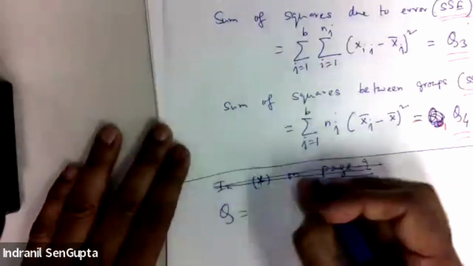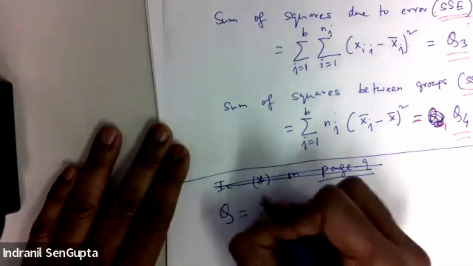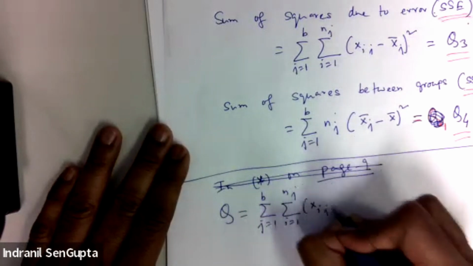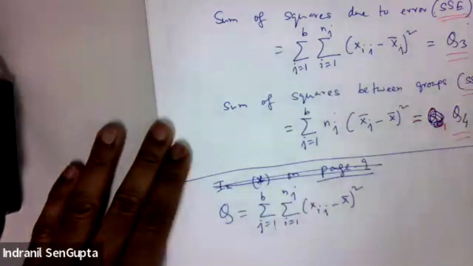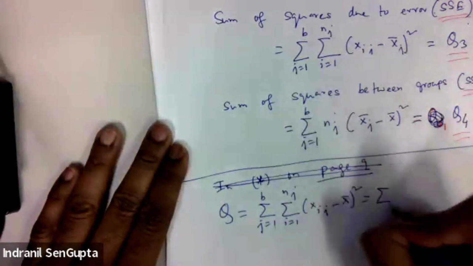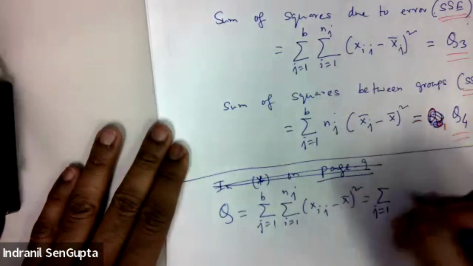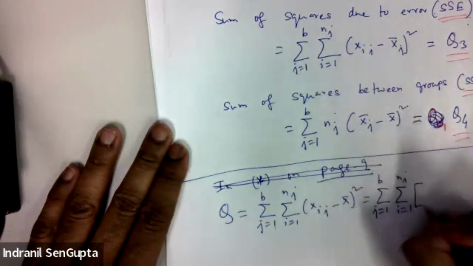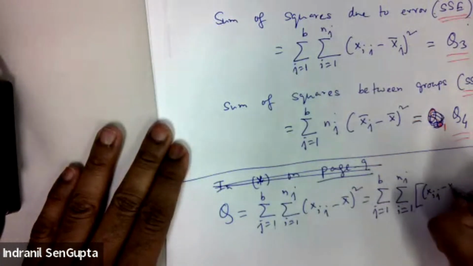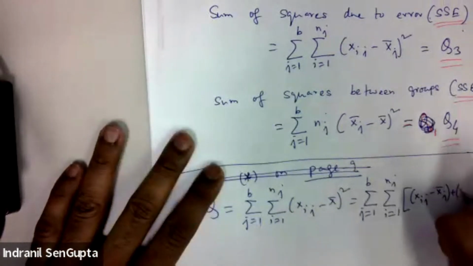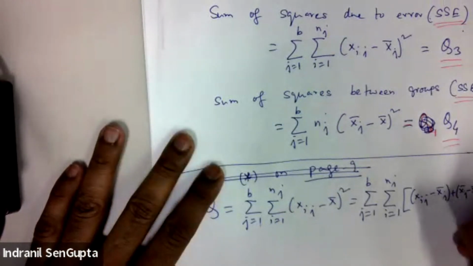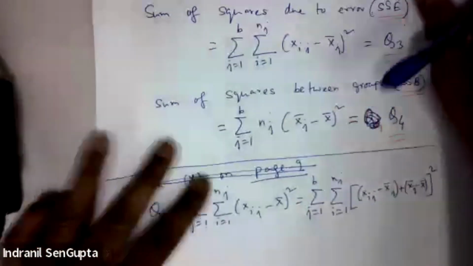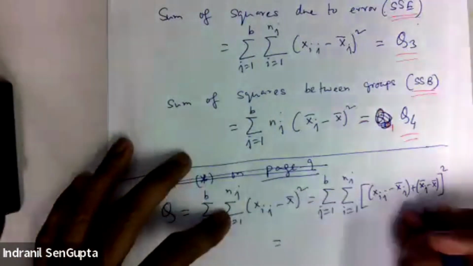So Q is really j from 1 to b, i from 1 to nj, xij minus x bar squared, right? I can write this as j from 1 to b, i from 1 to n sub j, xij minus xj bar plus xj bar minus x bar, squared. So I added and subtracted xj bar. So it gives me the following terms.